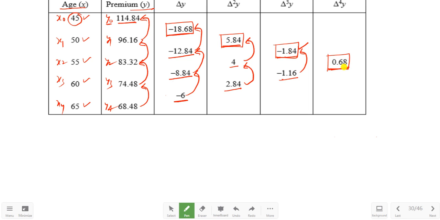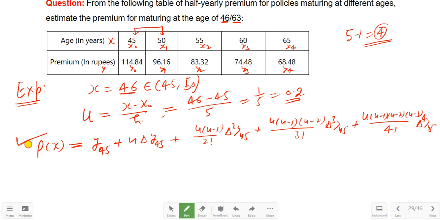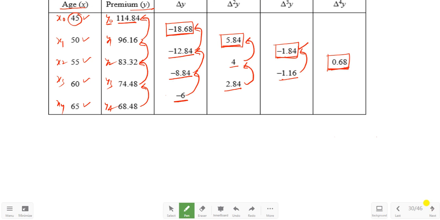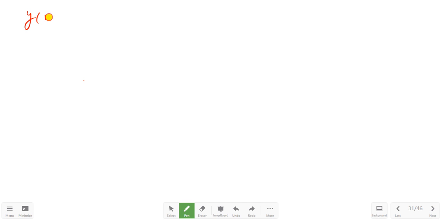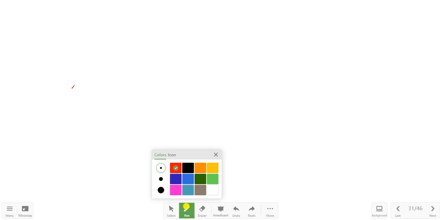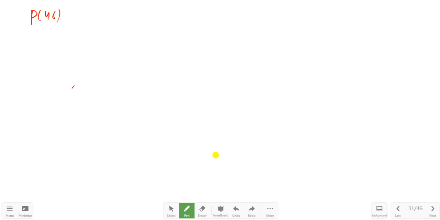Substitute all the values from this table here, and we obtain the required value of the function at x is equal to 46. So here y of 46, or we can write p of 46.